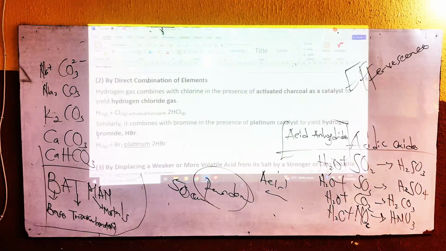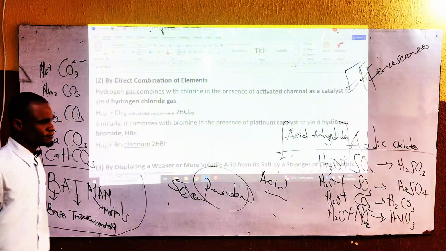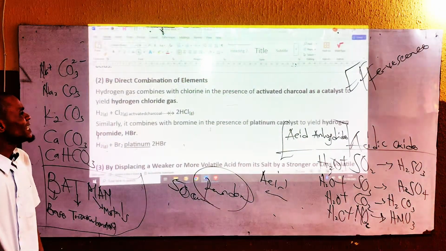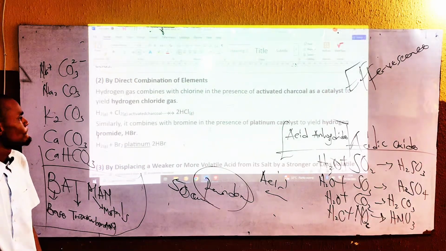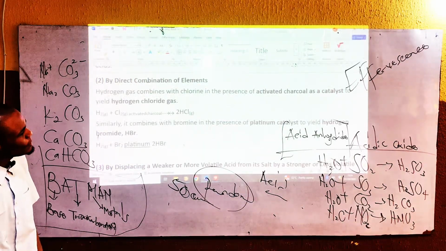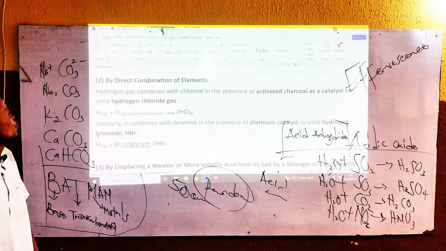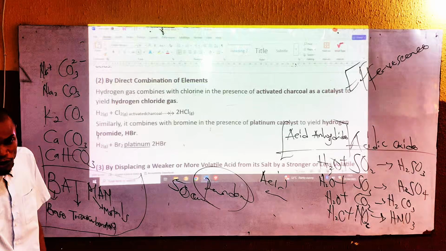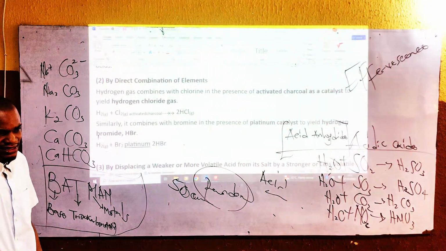If one of you is preparing an acid by combination of elements, hydrogen gas combined with chlorine gas in the presence of activated charcoal as a catalyst yields hydrogen chloride gas. Hydrogen chloride gas is soluble in water, so it forms hydrochloric acid. I get you now?